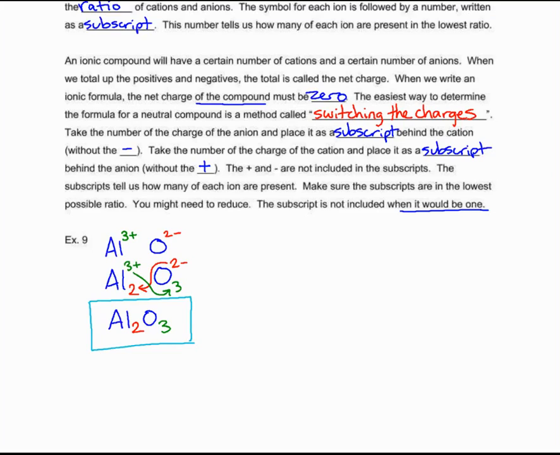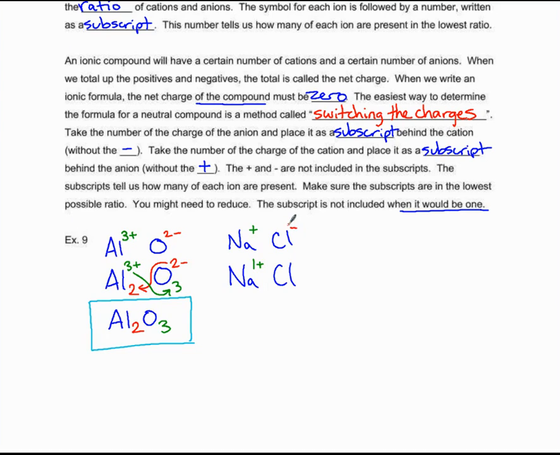So in the next example, we're going to look at sodium and chloride ions. We're going to do the same thing here. What I'm going to do first is write these a little bit differently. So Na+ is the way we would write this, but really what it means is that it has a 1+ charge.